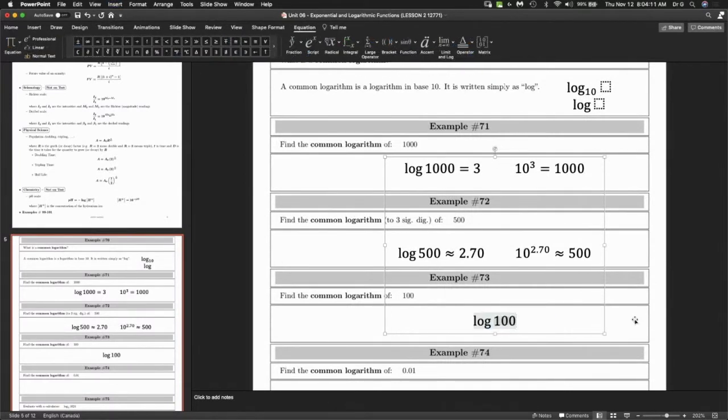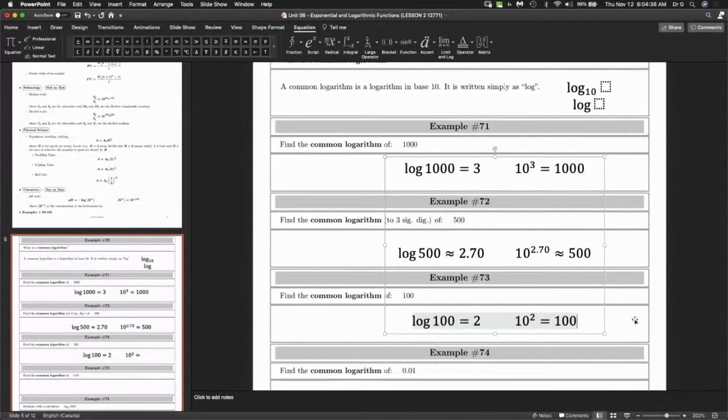What's the logarithm? So when I say the logarithm, I'm saying the common logarithm. And that's what you should ultimately infer. What is the logarithm of 100? Or what is log of 100? Thank you, Jaden. So on the side here, in exponential form, that's 10 to the 2 equals 100.